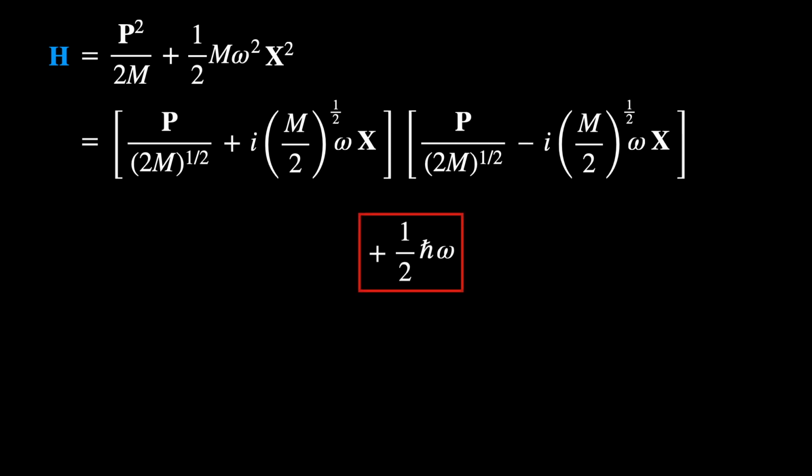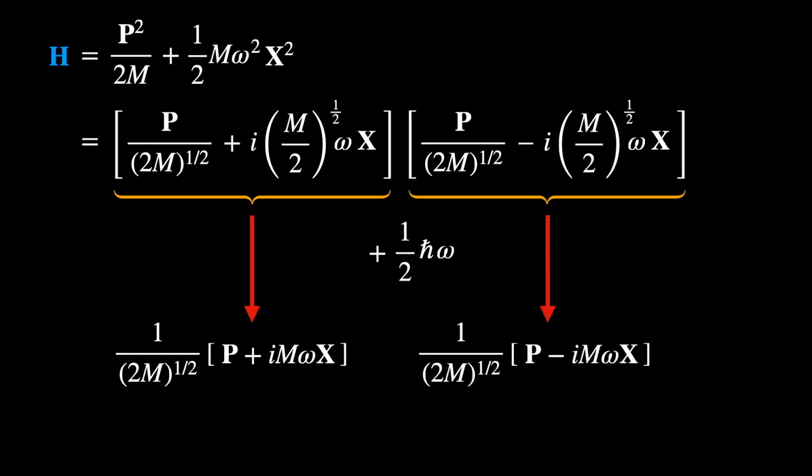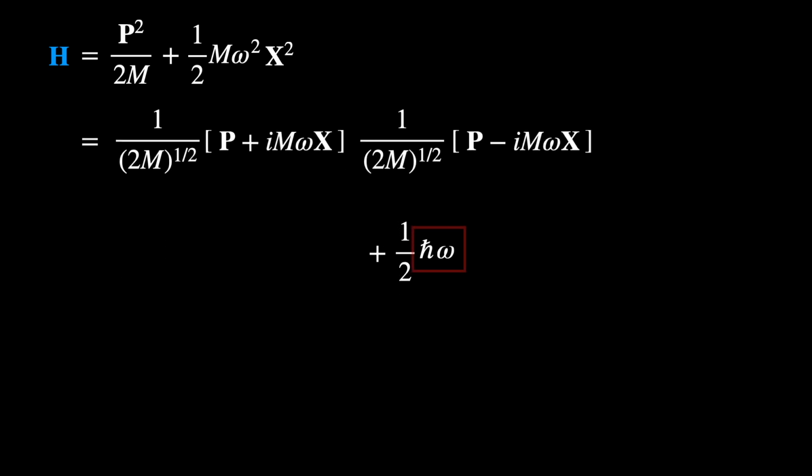The commutator term is just a number. H bar omega has the dimension of energy.